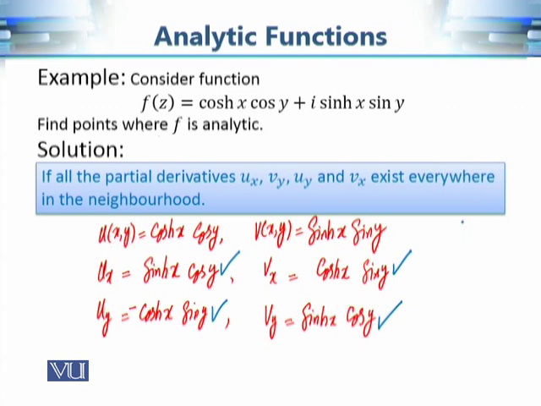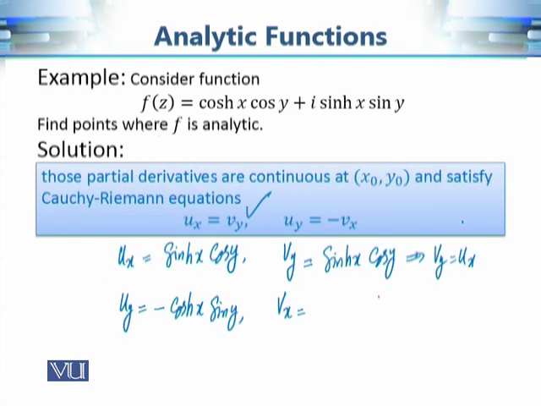Moving on to our next condition, the partial derivatives must be continuous and satisfy the Cauchy-Riemann equations. What is ux in this case? Sine hyperbolic x cosine y. And what is vy? Sine hyperbolic x cosine y. So the first Cauchy-Riemann equation is satisfied.